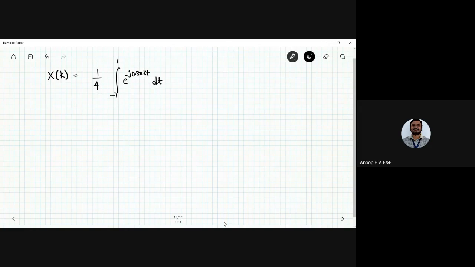So now, integral of e power at dt would be e power at divided by a, with limits a to b, and the limits have to be used appropriately.